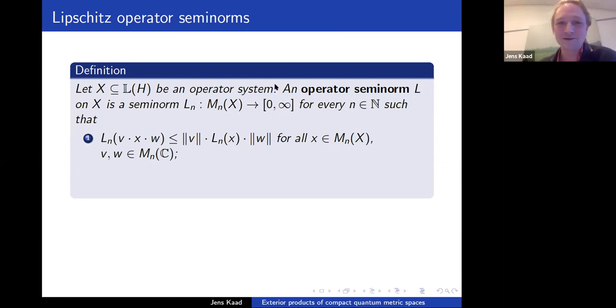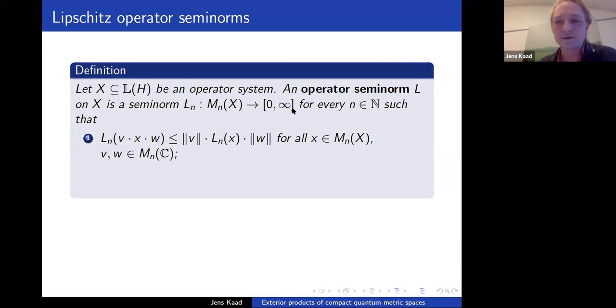Once you have an operator system, I can define what is an operator seminorm on this operator system. It's not just a seminorm on the operator system itself, it's a collection of seminorms: I have one in each degree, one for all n-by-n matrices with entries in this operator system. Again, it can take the value infinity.